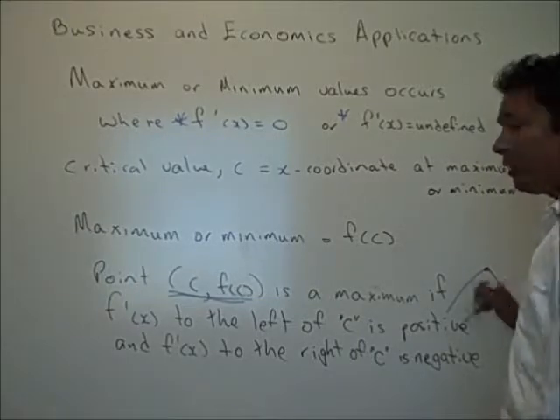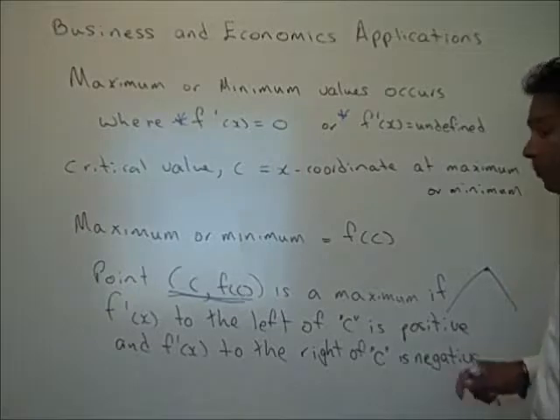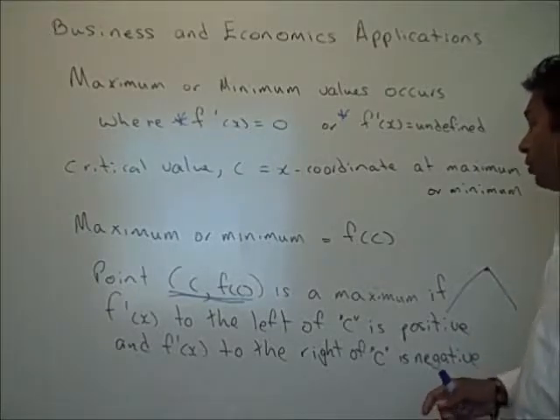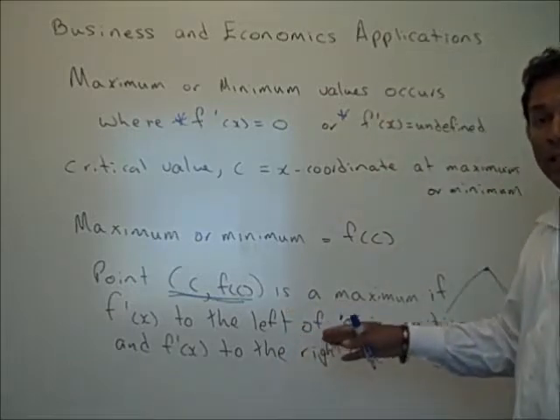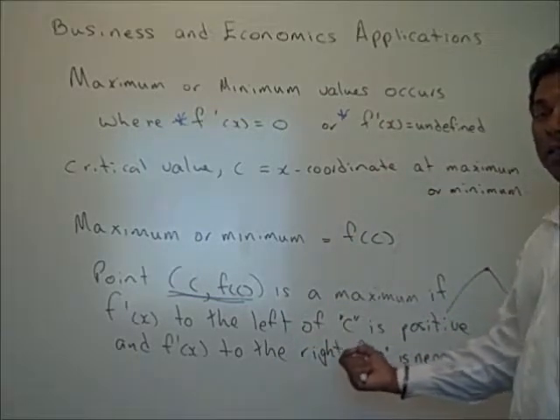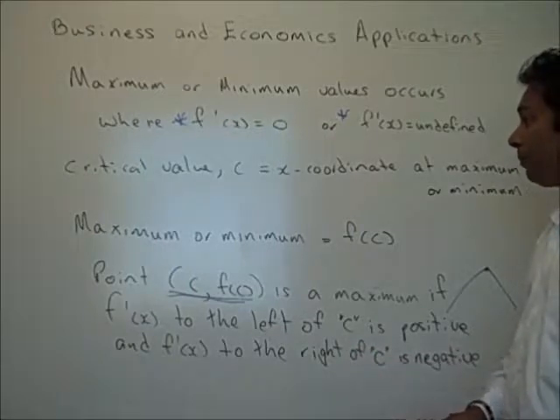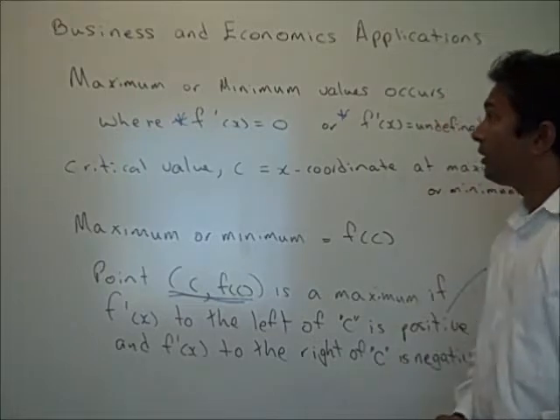So we can see at this point we do have a maximum value. Now the reverse is also true. If to the left of c it's decreasing and to the right of c it's increasing, then at the bottom we have a minimum value. What we will do now is look at a few examples that demonstrate this.